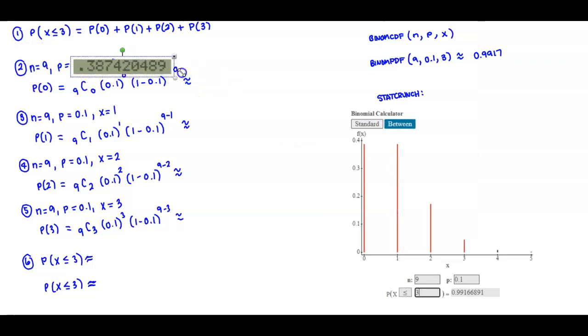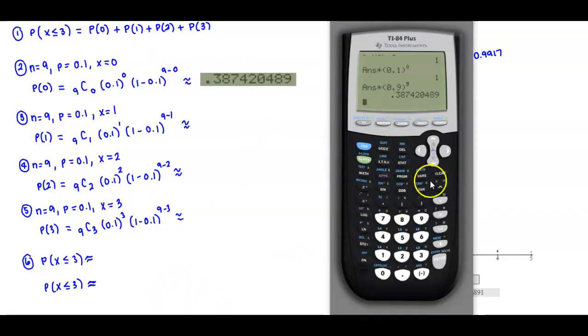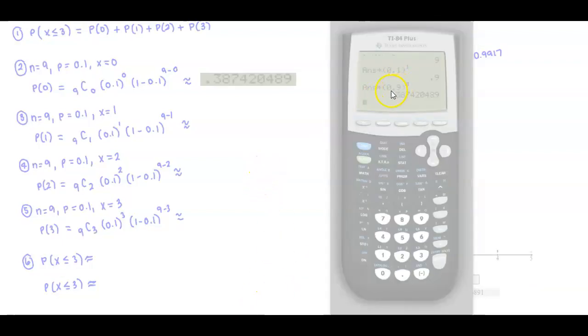Okay, so there is that number. Now let's do the next one. So we have 9, go to probability, and now we have the value of 1. Hit enter, times 0.1 to the power of 1. And then that's multiplied by 0.9 to the power of 9 minus 1, which is 8. And that gives us the following number.